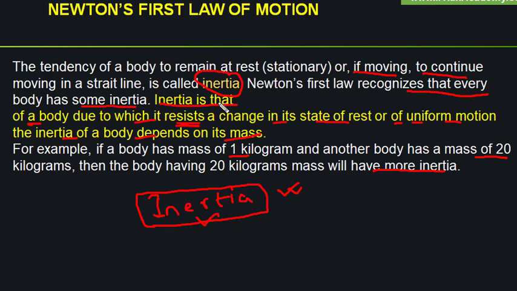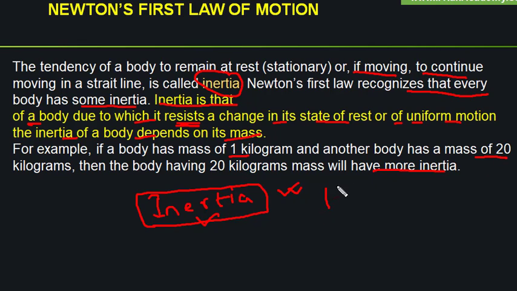So there are two things. Inertia is a property of a body which resists a change in its state of rest or of uniform motion. And the inertia of a smaller body is small and of a larger body is large.